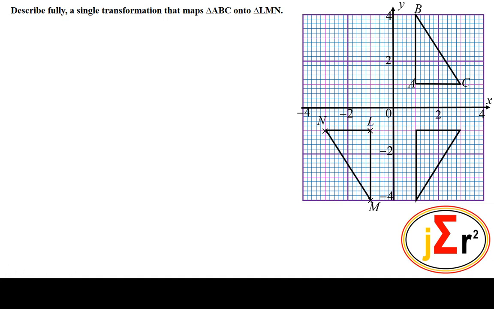Why? Because size transformations have the same orientation, but the objects will be of different sizes. So because there is no change in size, then we are sure that it is not a size transformation. If it were a translation, then the objects would just be exactly alike, with just the location appearing different.